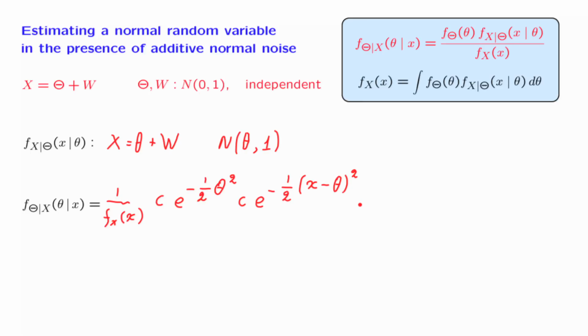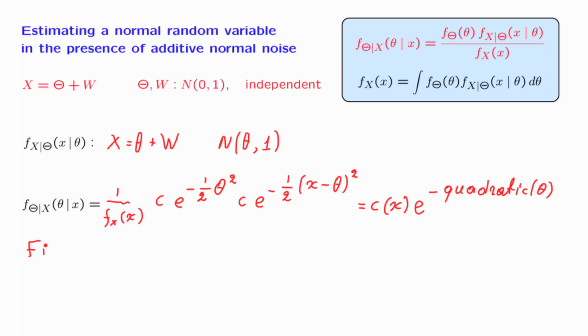Now, what we notice here is that we have a few constant terms, another term that depends on x, and then a quadratic in theta. So we can write all this as some function of x, and then e to the negative of some quadratic in theta. Now, when we're doing inference, we are given the value of x.